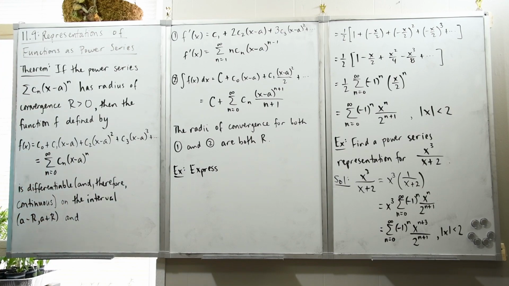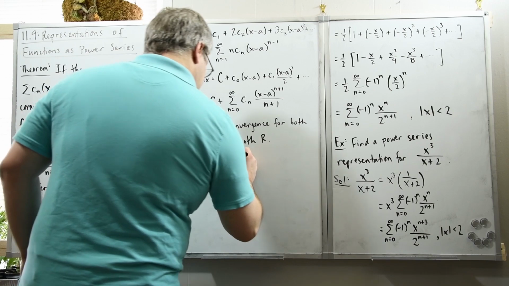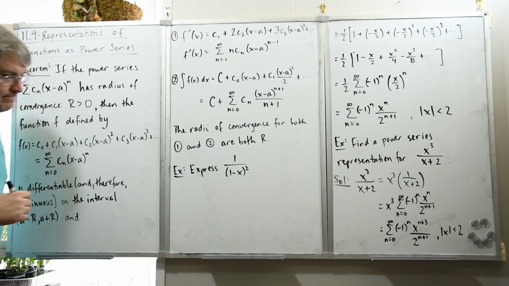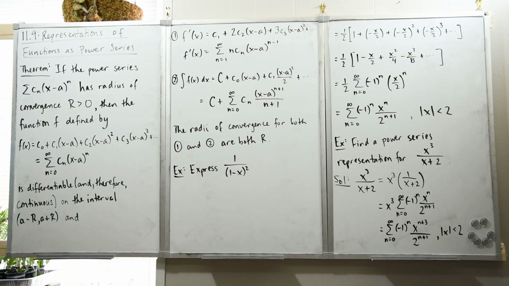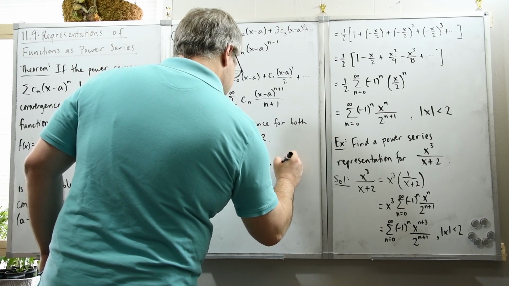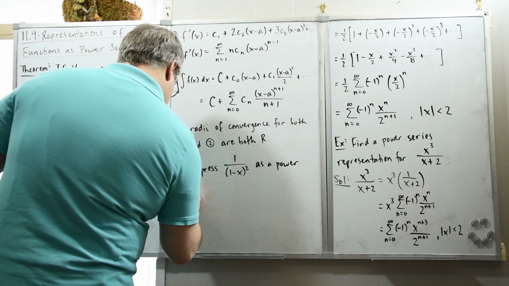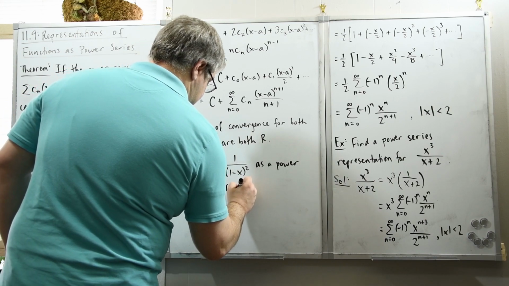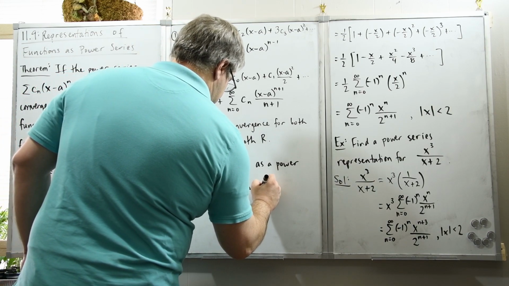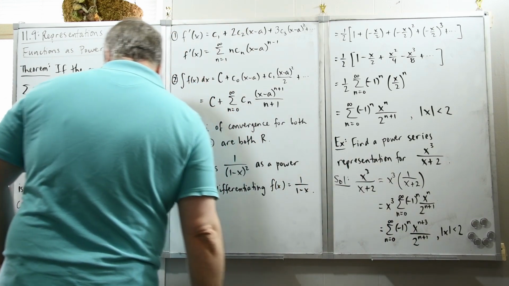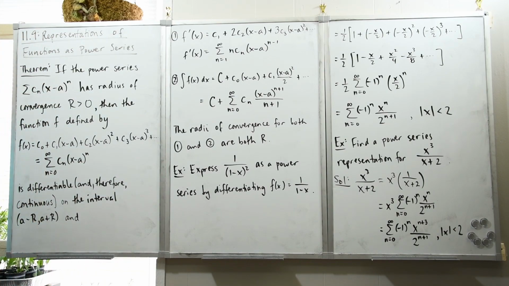So for this example, we're going to express 1 over the square of 1 minus x as a power series, by differentiating f of x equals 1 over 1 minus x.